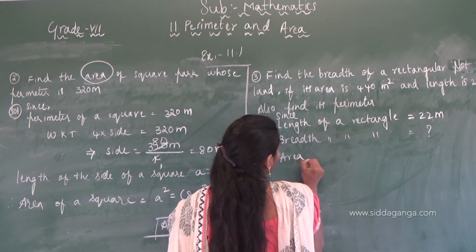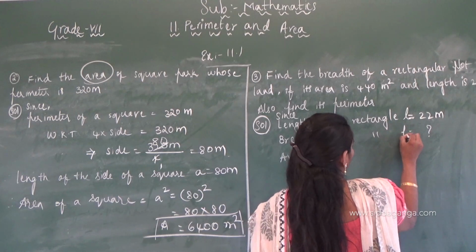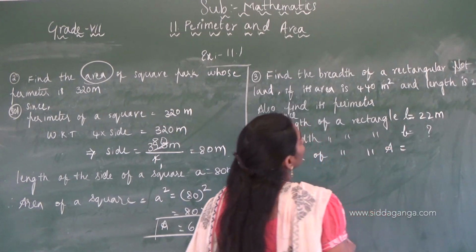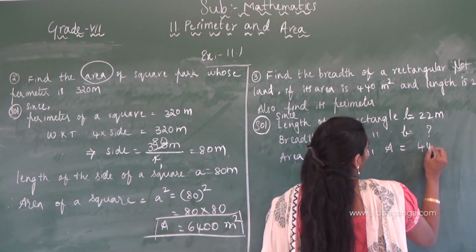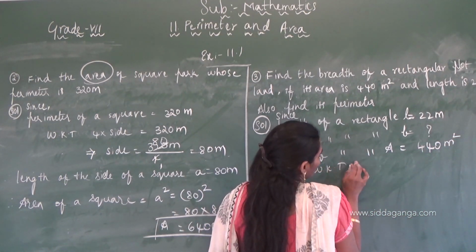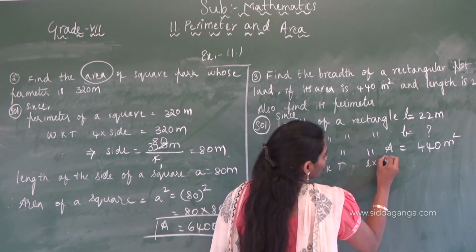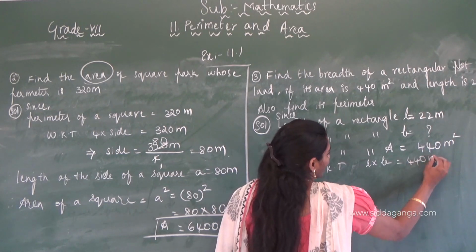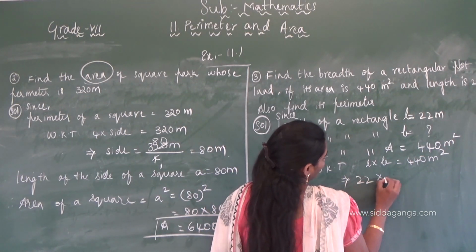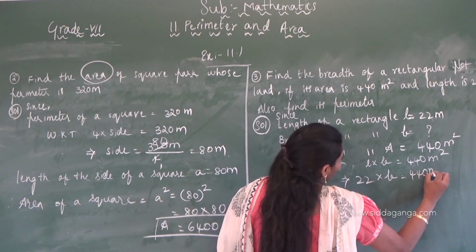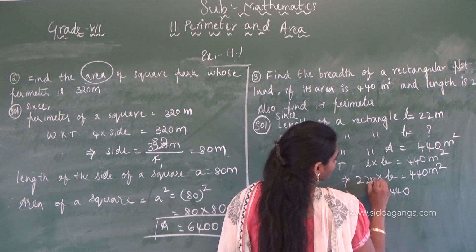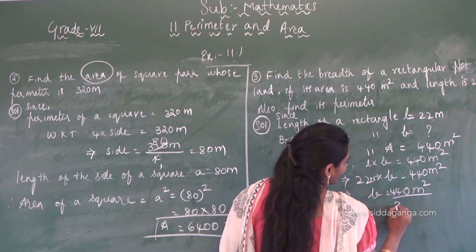Area also they are giving: area of a rectangular plot of land, A equals 440 square meters. But we know the formula, L into B equals 440 square meters. What is L? 22 into B equals 440 square meters. That implies B equals 440 square meters divided by 22 m.